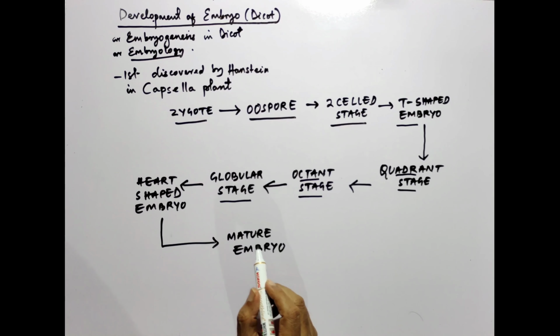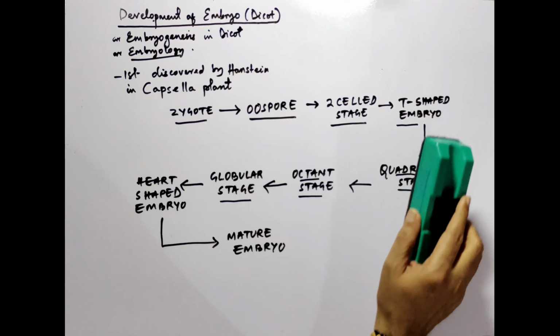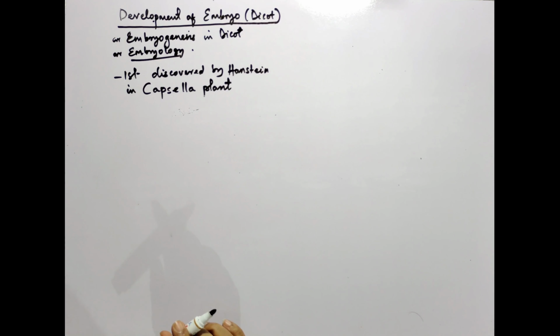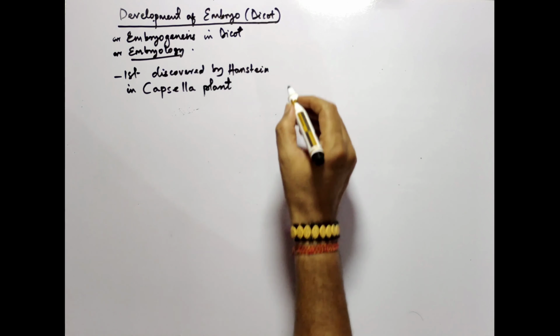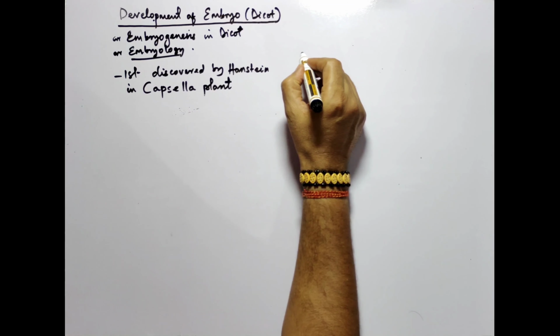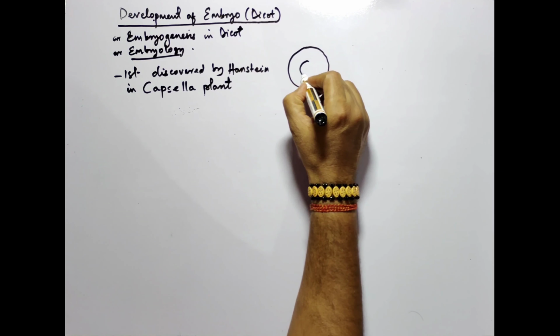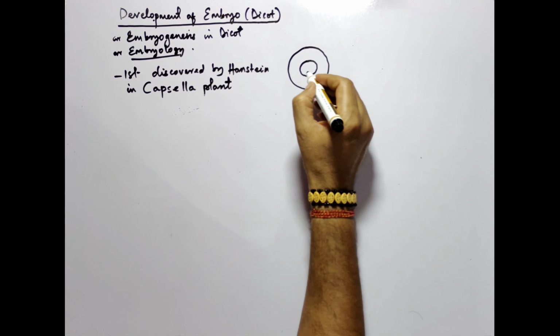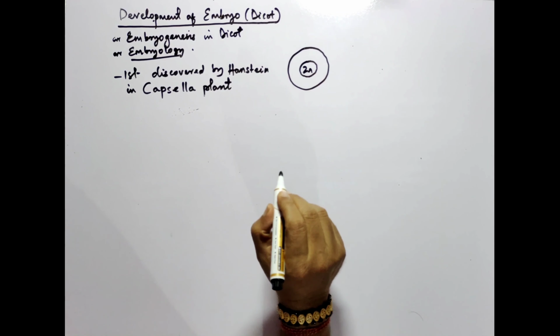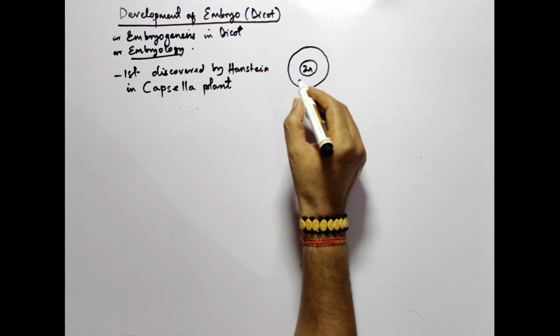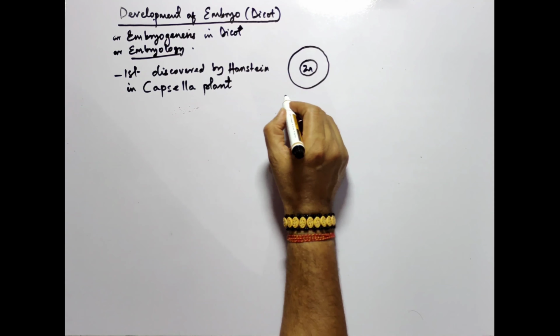We will discuss in detail diagrammatically how this occurs. The first stage is zygote. We can draw the structure like this, and we have already discussed this zygote is 2n and the product of fusion of one male gamete with the ovum.